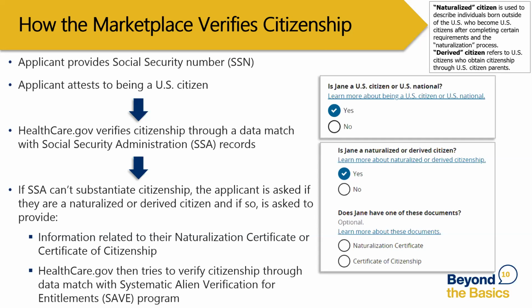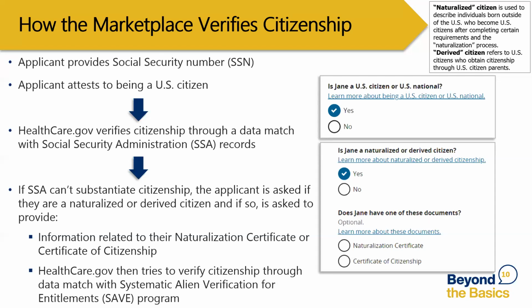If so, they're asked to provide information that is generally found on their naturalization certificate or certificate of citizenship. Then healthcare.gov is going to try and verify that information through records held by the Department of Homeland Security SAVE system. So that's generally what's happening.